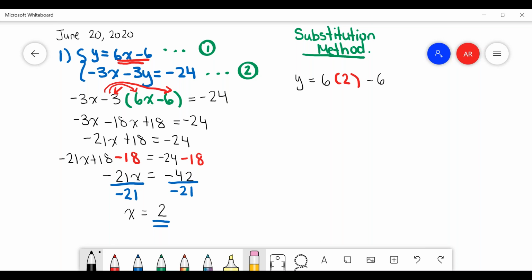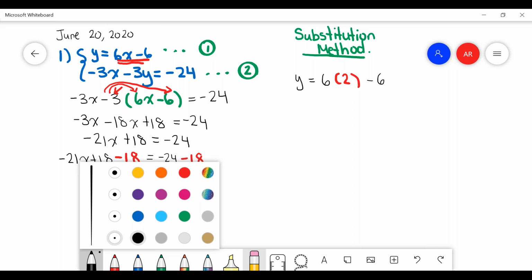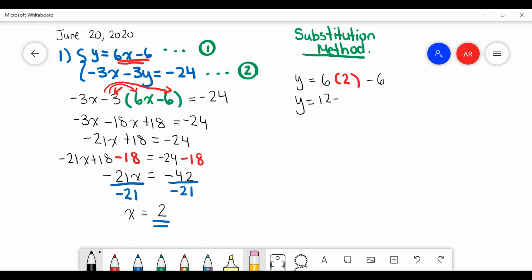All right, so we substituted 2 into where we see x in equation number 1, and now we're just going to simplify. So y is equal to 12 minus 6 because 6 times 2 is 12, and 12 minus 6 is equal to 6. So therefore, y is 6 and x is 2.